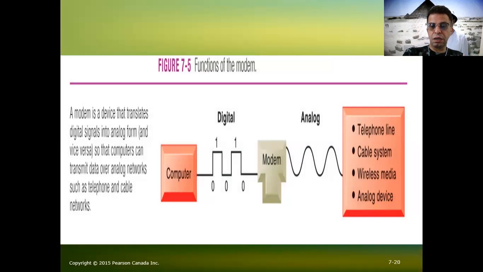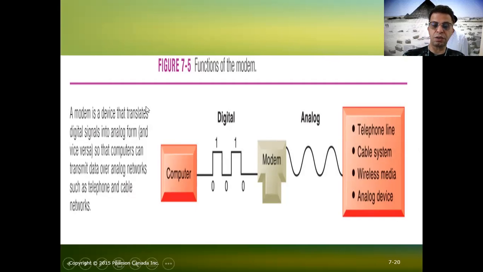Basically, the function of a modem is a device that translates digital signals, as we said, into analog form and vice versa, so the computer can transmit data over analog networks, such as telephone and cable networks.